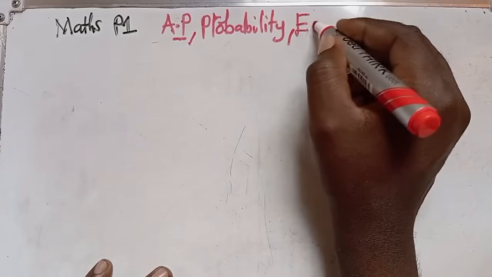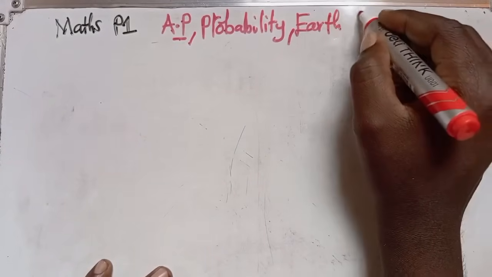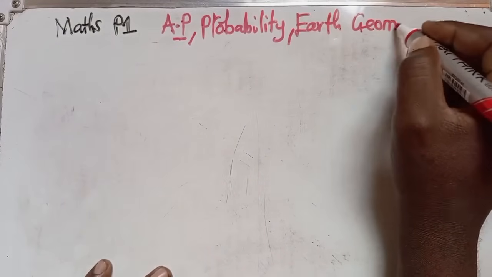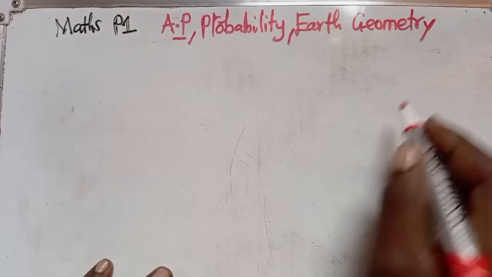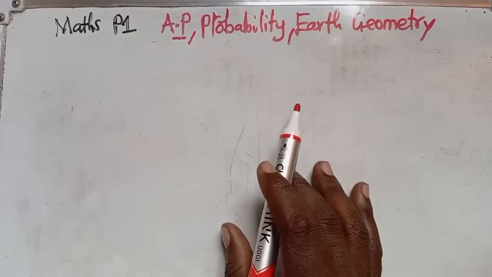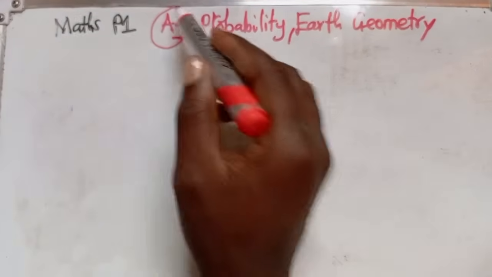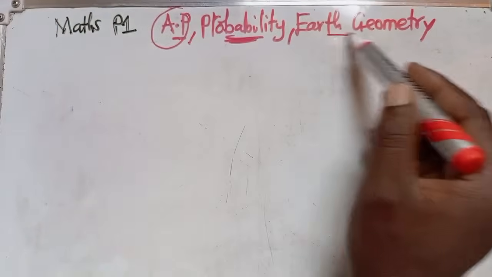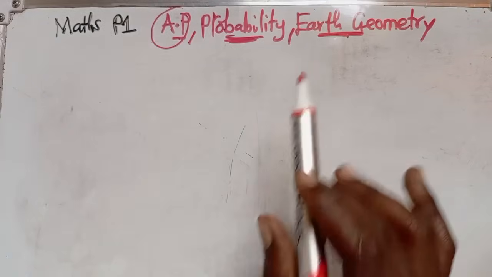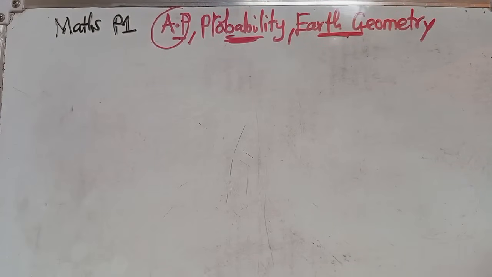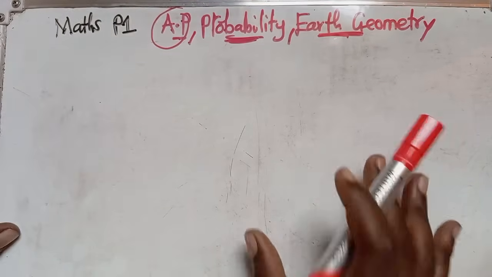We also look at geometry. These are the topics that I want to focus on so much: AP, probability, and geometry. These are three, and I want you to get them and understand them.